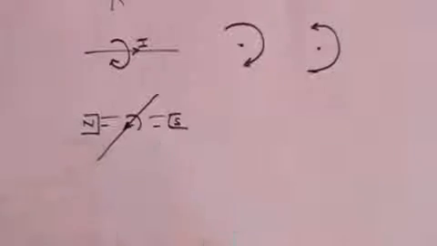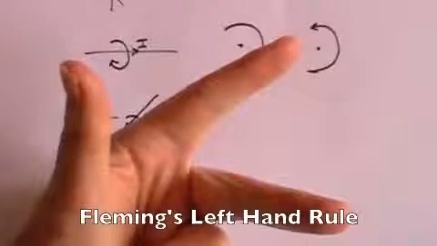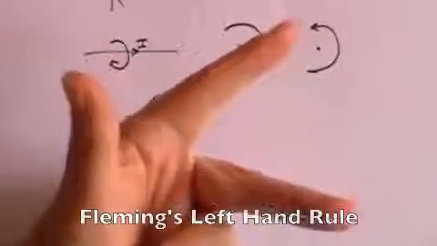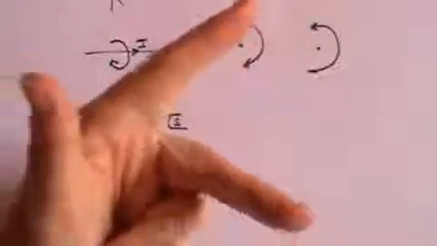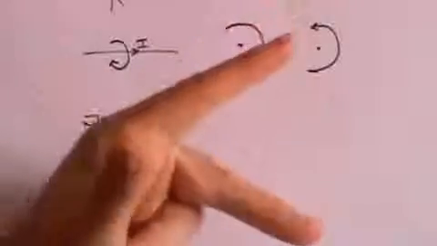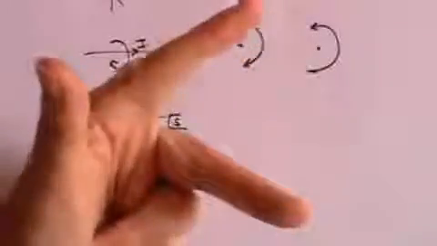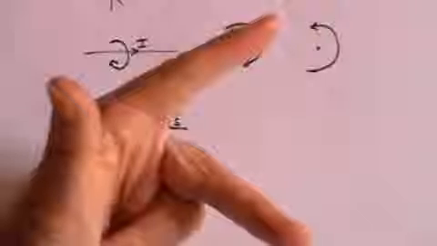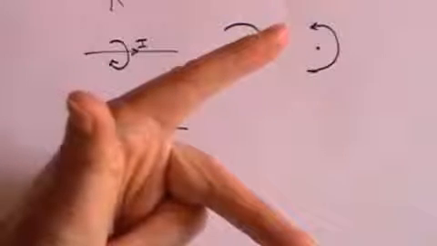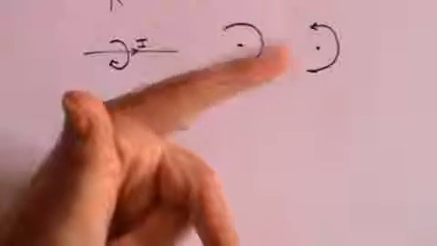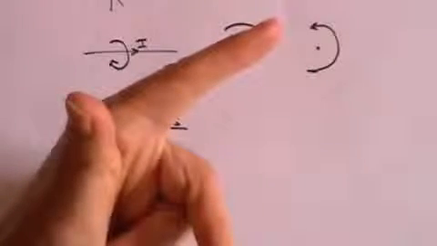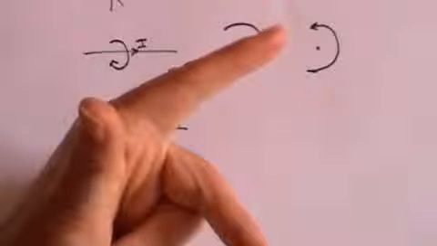But in what direction? And here we have to apply Fleming's left-hand rule. If you take your left hand and get your thumb, first finger and second finger in this shape, that enables you to tell what is going to happen to the wire. The rule is very simple. Your thumb is the motion of the wire, motion. Your first finger is the field, the magnetic field.